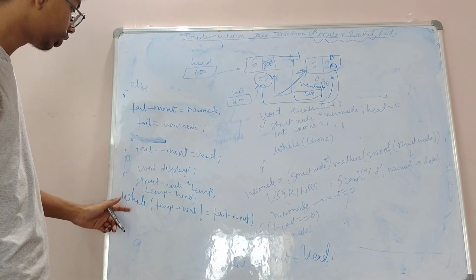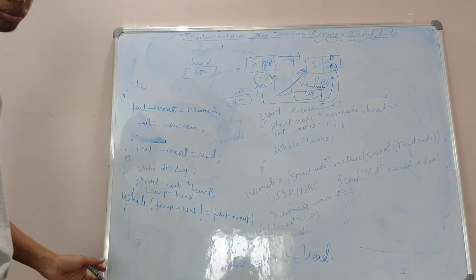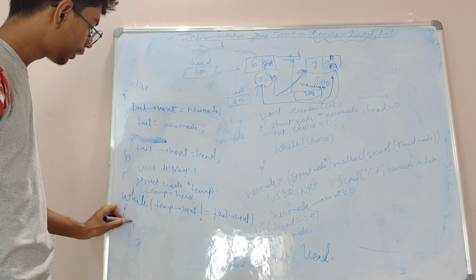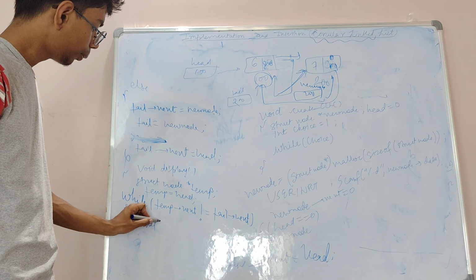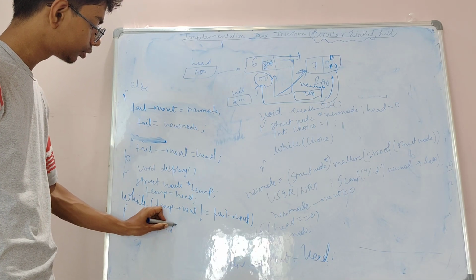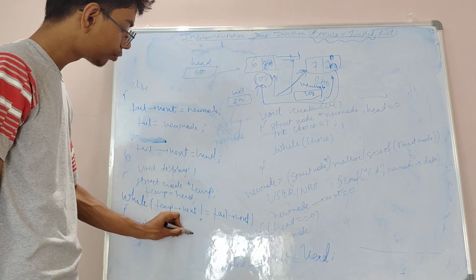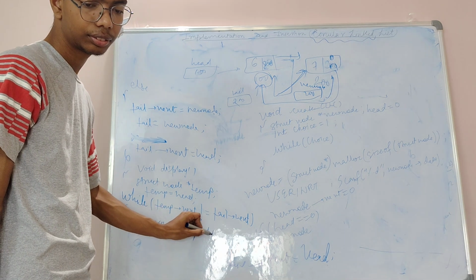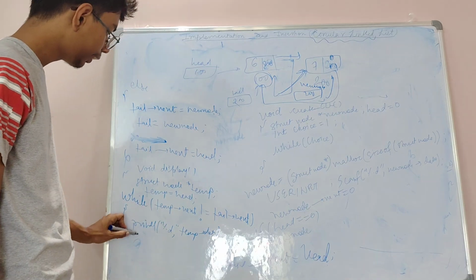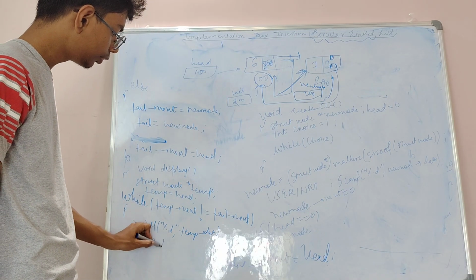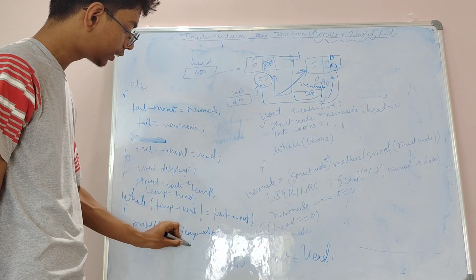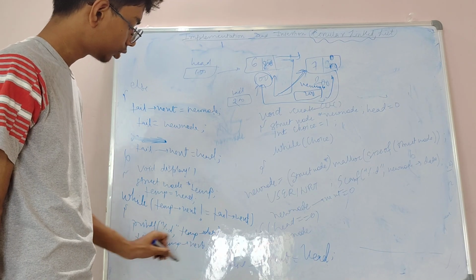For that I will write printf %d temp of data, and then temp equal to temp of next.